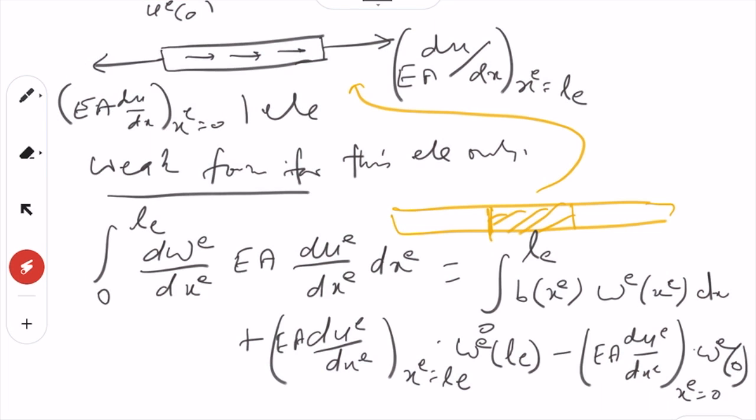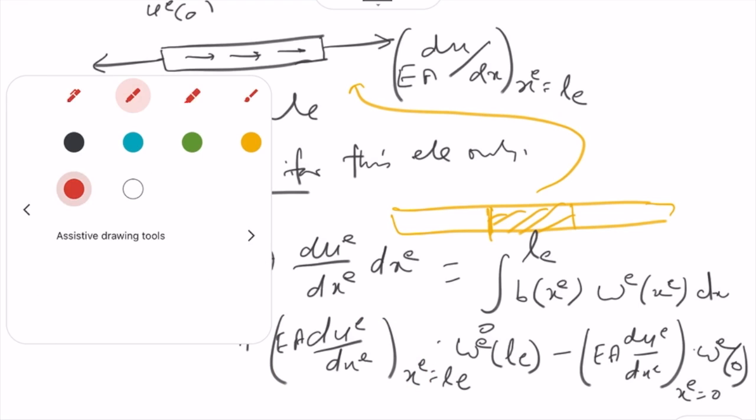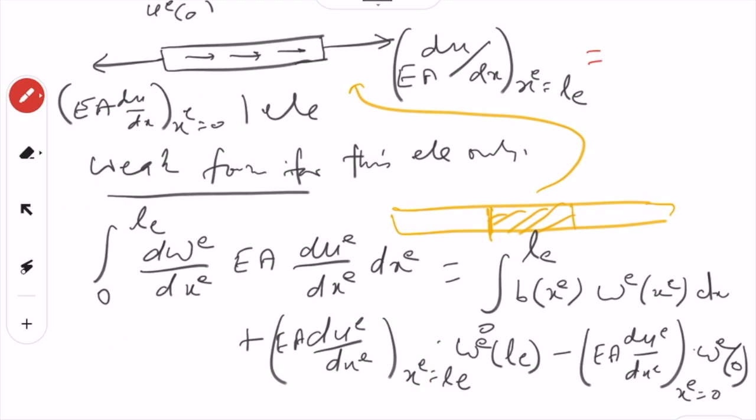This whole thing we are calling FEn, and this we are calling FE1.